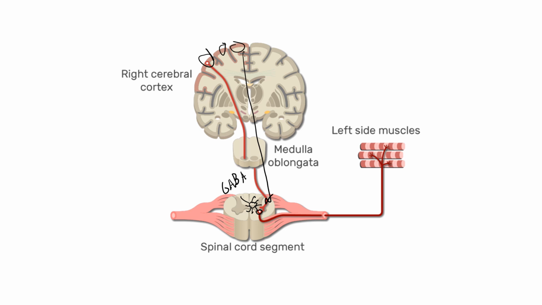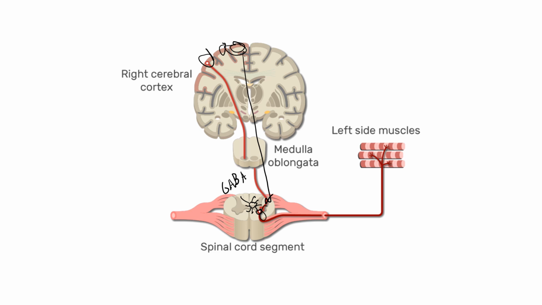So the GABAergic neurons in the spinal cord have a huge role in regulating the activity of alpha motor neurons, okay? Because as long as this GABAergic neuron is firing, it's hyperpolarizing the alpha motor neuron to some degree, and it's making it harder on the primary motor cortex neuron to get the alpha motor neuron to threshold.